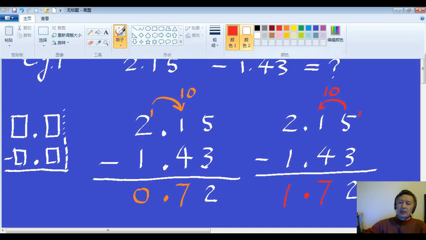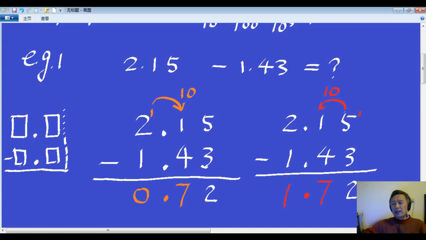Because the value he borrowed from the place on his right actually represents just 1/10. So you can only borrow 1/10, in other words just 0.1, instead of 10. This is a terrible mistake.